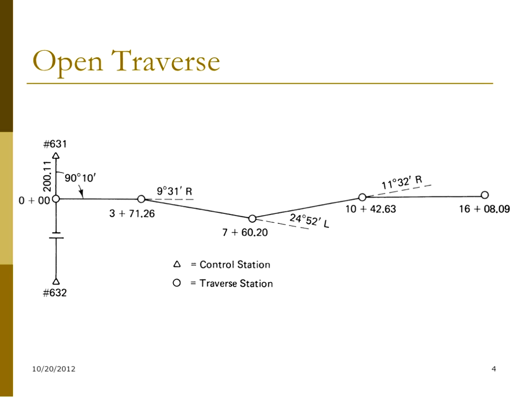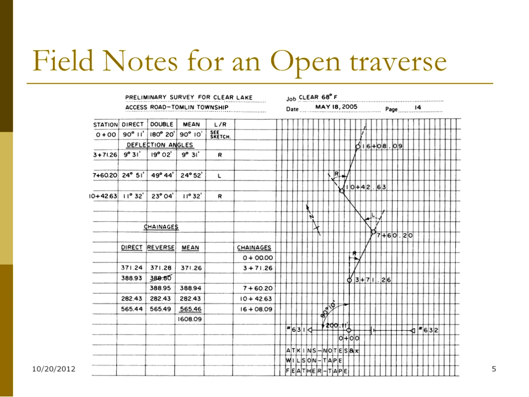Okay, here's an example of an open traverse. We are going to be calculating deflection angles in a lab when we meet this coming Friday. So you'll see what this is like in person. Here's a sample of some field notes for an open traverse.